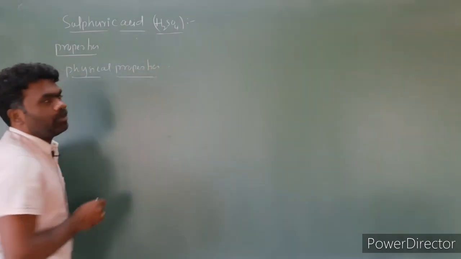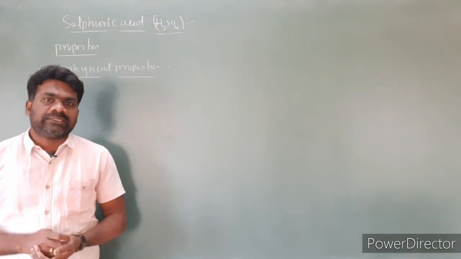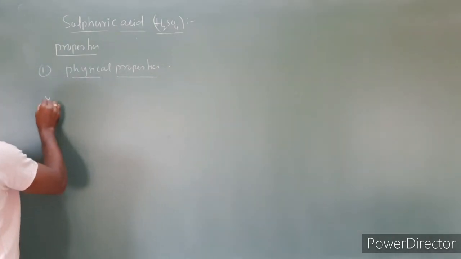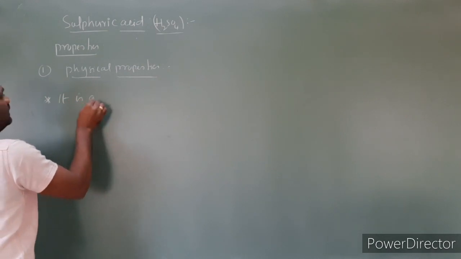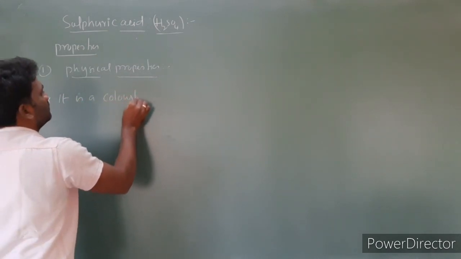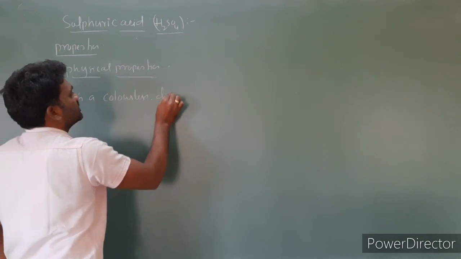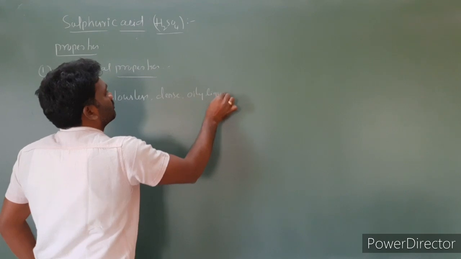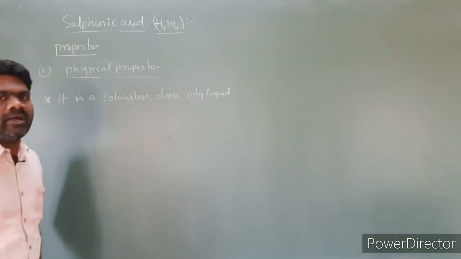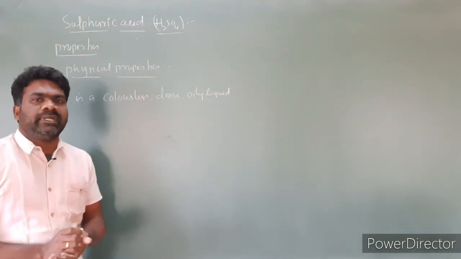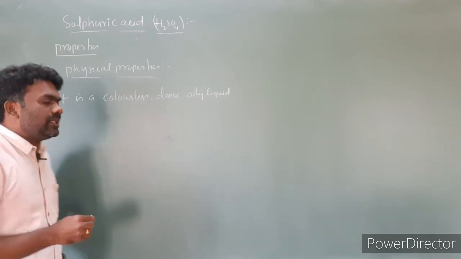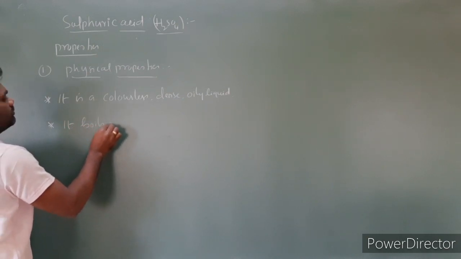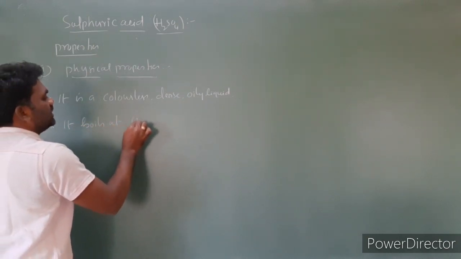The physical properties: point number one, sulfuric acid is a colorless, dense, oily liquid. The next point, it boils at 611 Kelvin.